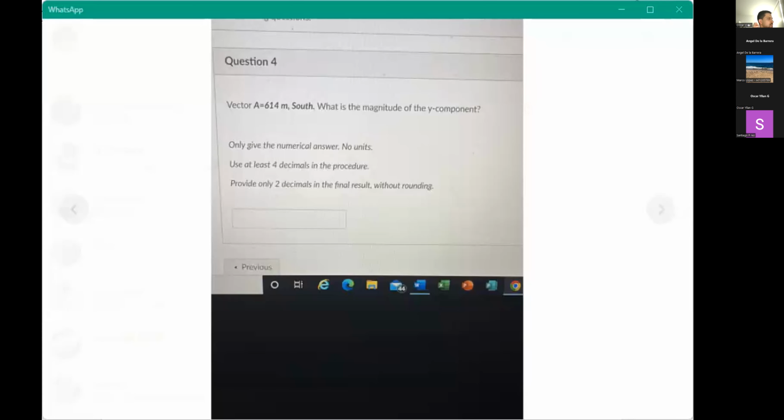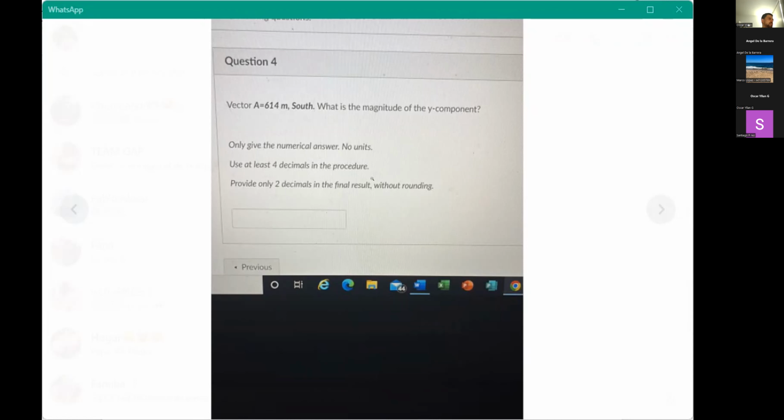Can you see it? Okay, it's loading. Yeah. So what angle do I need to use? 90 or minus 90 or 270? You can use whichever you want, but they are asking you just the magnitude.